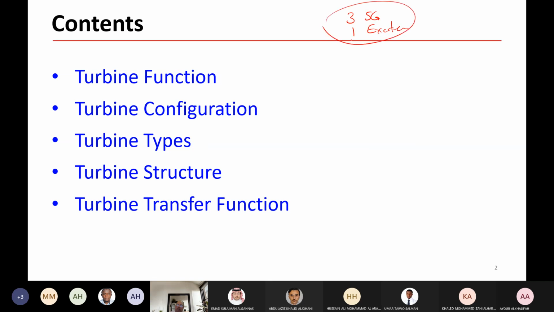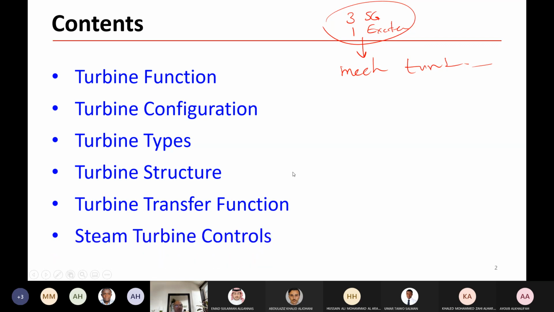If you also need to continue with the mechanical part, which is the turbine and the governor, we can add more equations to describe this. We will see the turbine transfer function later on.